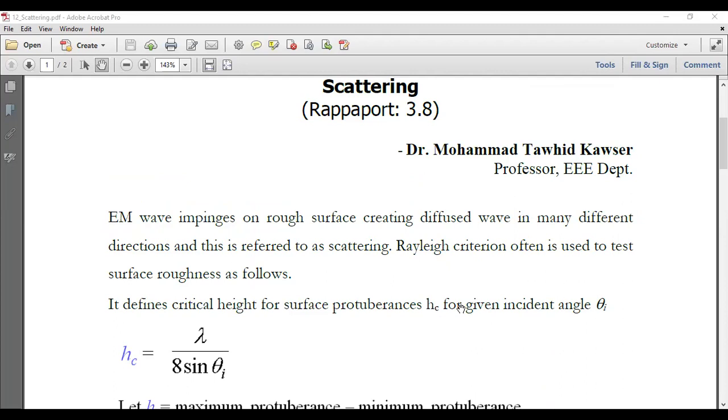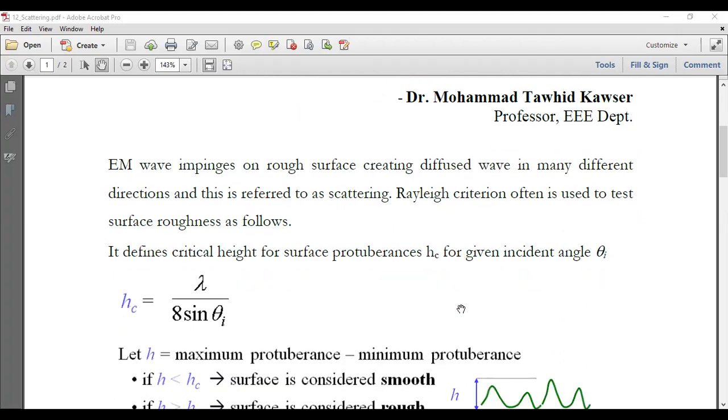If the ups and downs are too small, then you can consider it smooth. So there is a way to differentiate, and we're using the term protuberances here. Protuberance means the extensions. So the ups and downs are just treated as small extensions or protuberances.